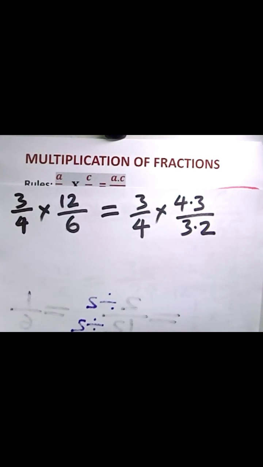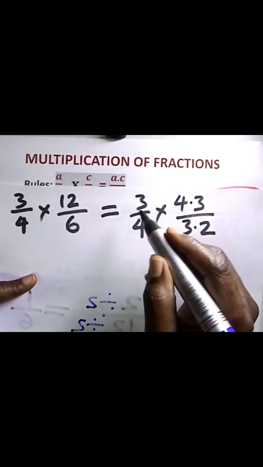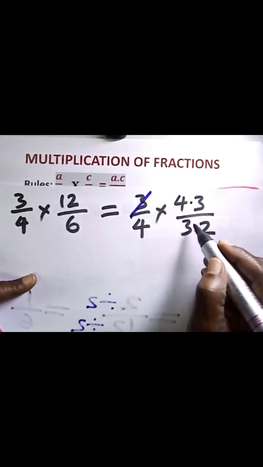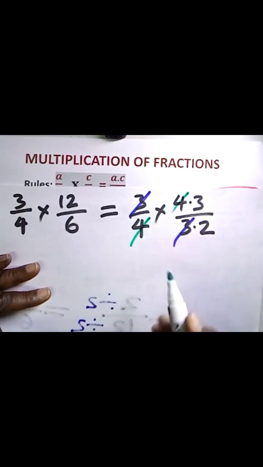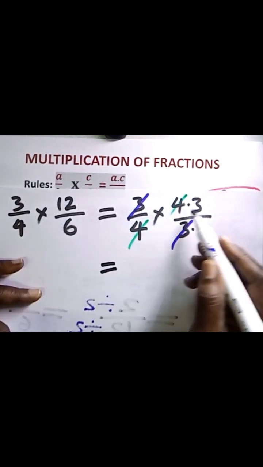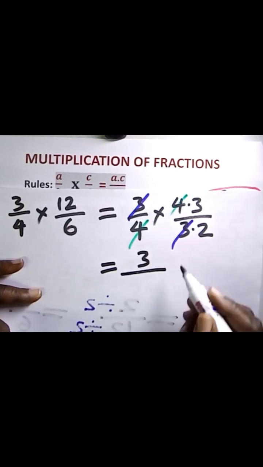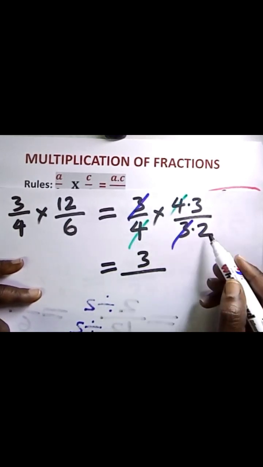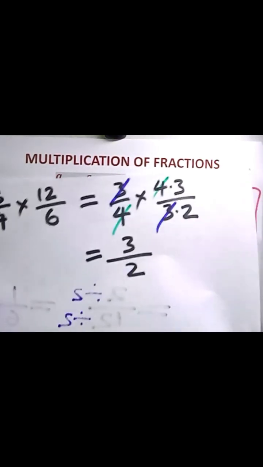So why did I do that? I did that because I know that 3 here can cancel 3 and 4 here can cancel 4. So what is remaining at the numerator is 3, and what is remaining in the denominator is 2. And that's the same answer that we got before, 3 over 2.